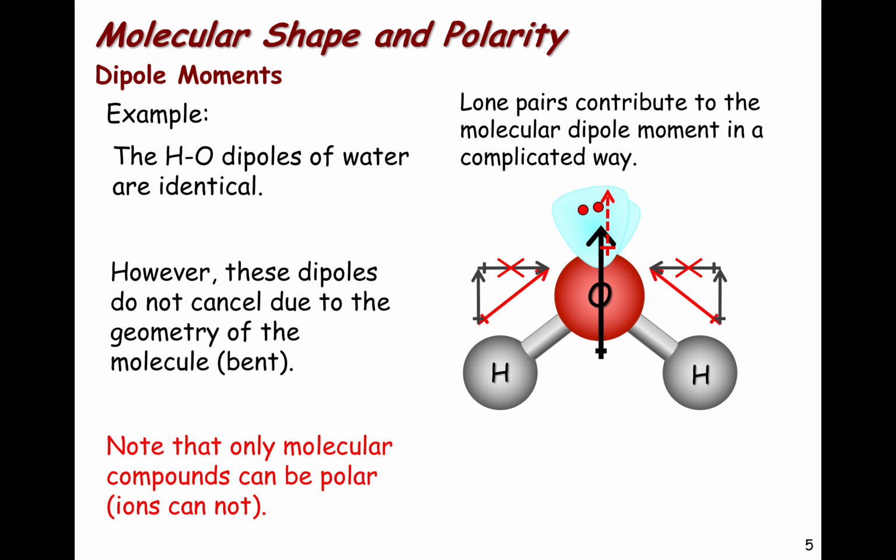So the lone pairs in this particular case are representing the electron density and the direction of this dipole moment.